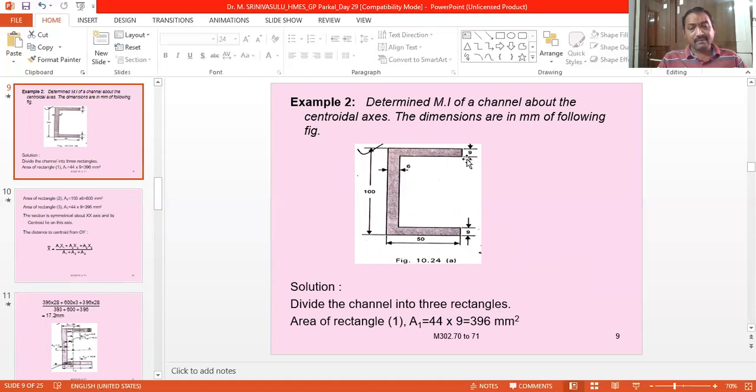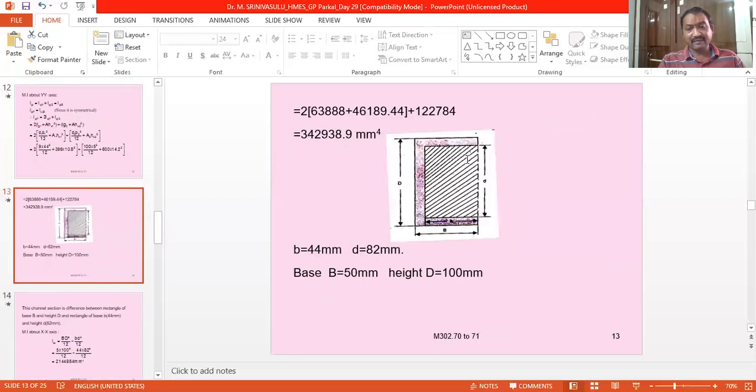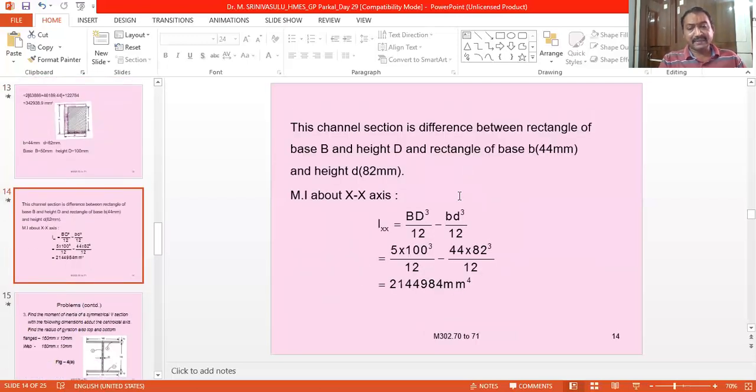And now you take this for the assignment and work out and compare the answer that we got. So this is the answer that we got by this method, the rectangle method, that is the smaller rectangle is cut out from a bigger rectangle.